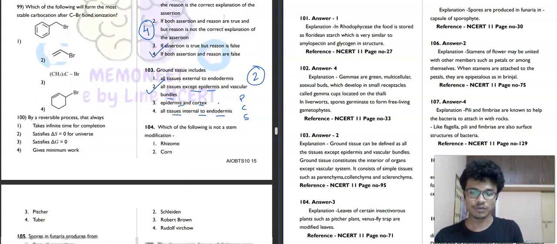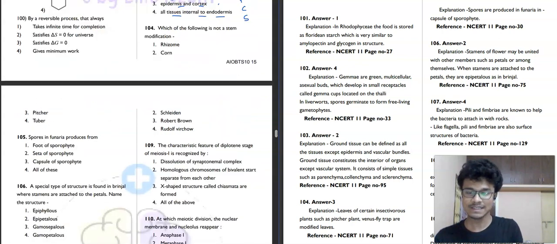Moving towards the next question, 104. Which of the following is not a stem modification: rhizome, corm, phylloclade, or tuber? Rhizome is a stem modification, corm is a stem modification, and tuber is also a stem modification, as you can see in potato. But the fourth option is basically leaves of certain insectivorous plants, such as pitcher plant and Dionaea muscipula.